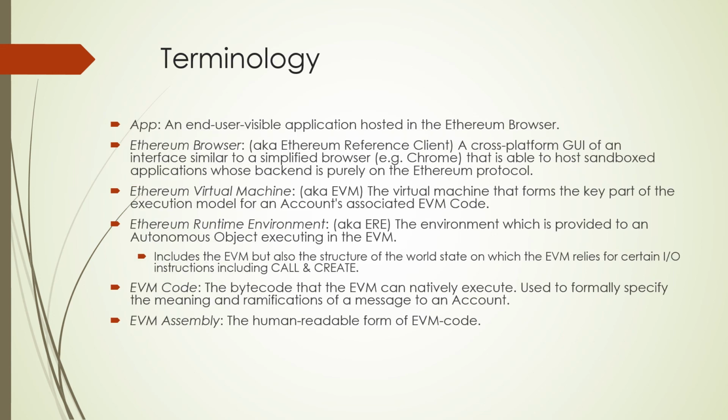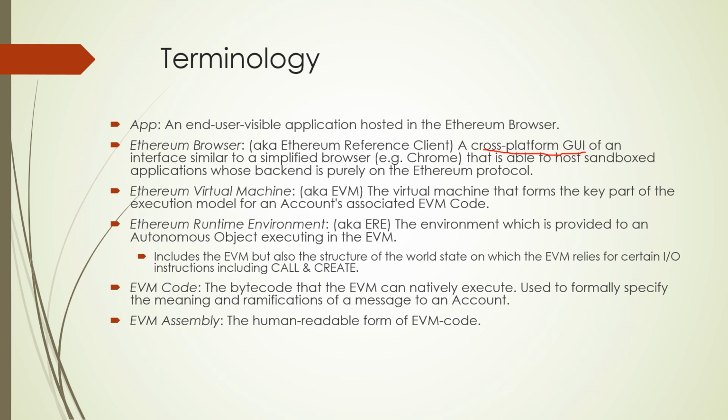Next, we define app, which is an end user visible application hosted in an Ethereum browser. What is an Ethereum browser? Sometimes they call it Ethereum reference client. It's a cross-platform GUI, an interface similar to a simplified browser like Chrome, that is able to host sandboxed applications whose backend is purely on the Ethereum protocol.